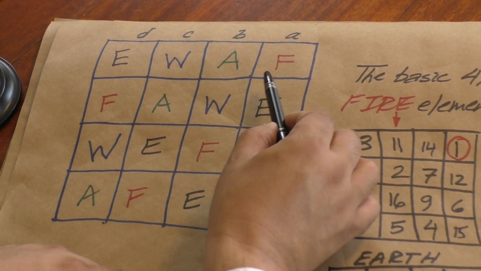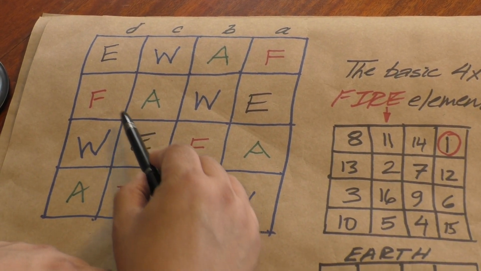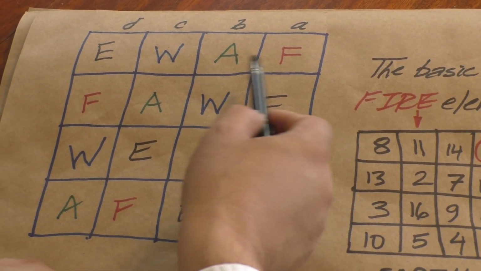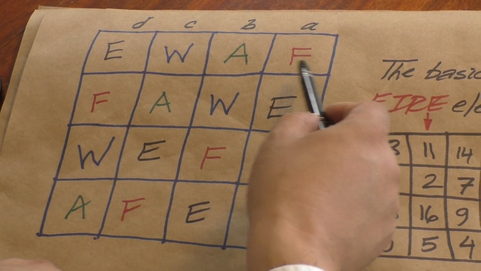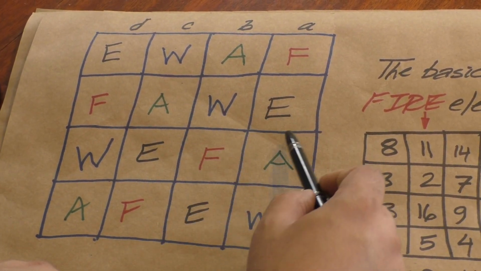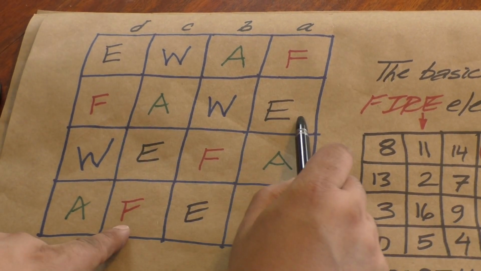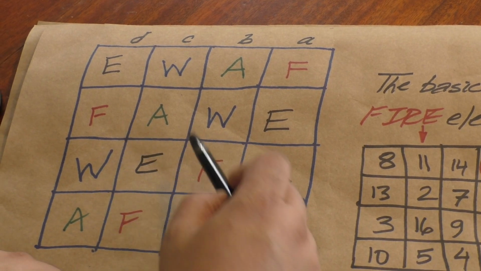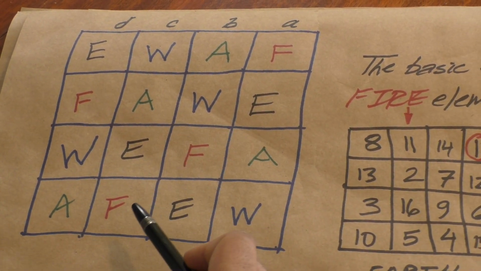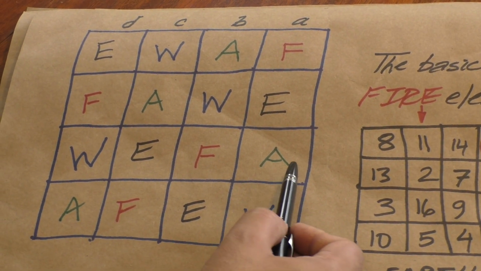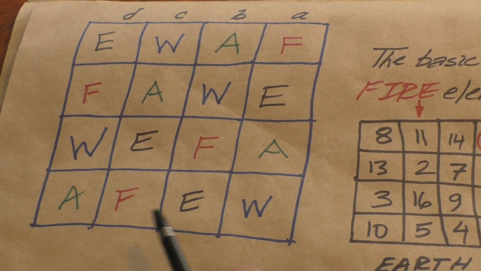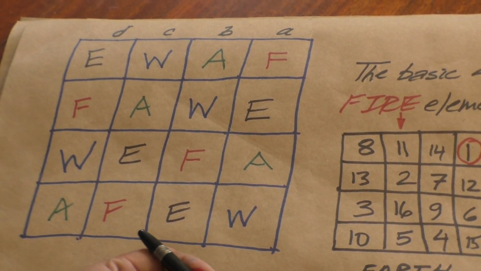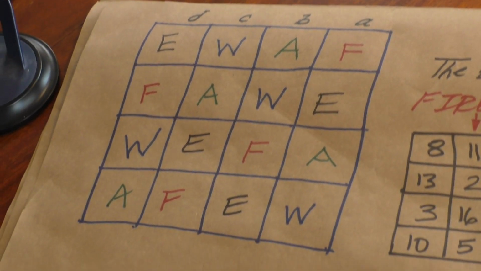And then this top row is changed in the second row so that you are reversing the direction. You see, fire goes over here, then air, then water, then earth. Then down here we flip these two, F-A, W-E, fire and air, and then water and earth. And again, then you take this and flip this and bring this here, and you flip this and bring this here. So this shows you how the elements are distributed in the 4x4 square.